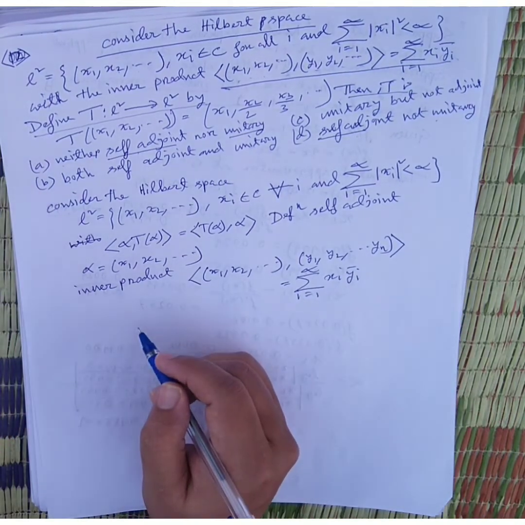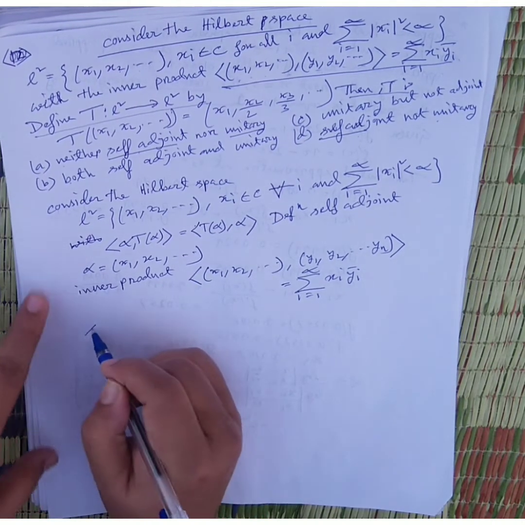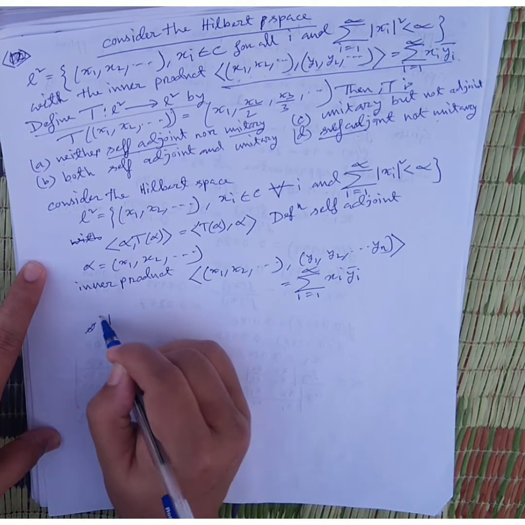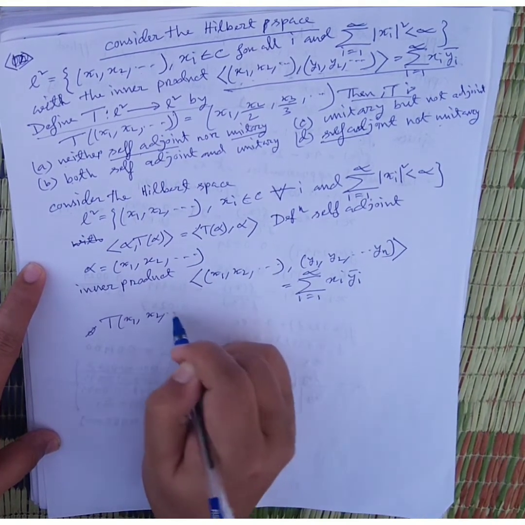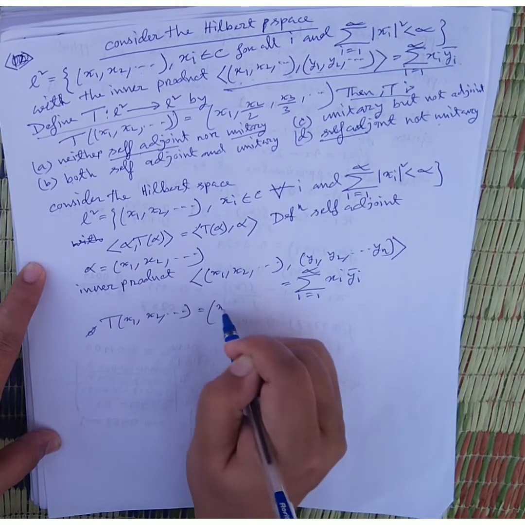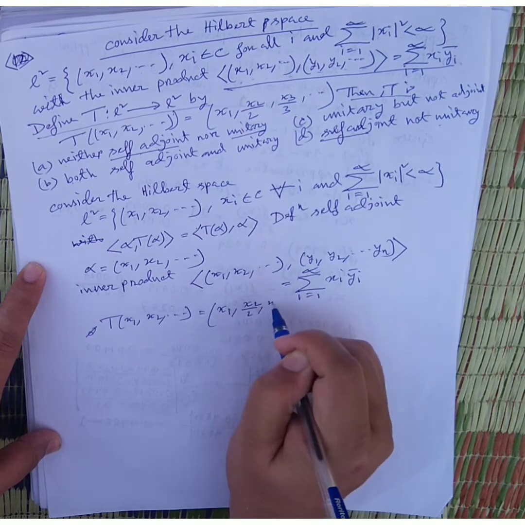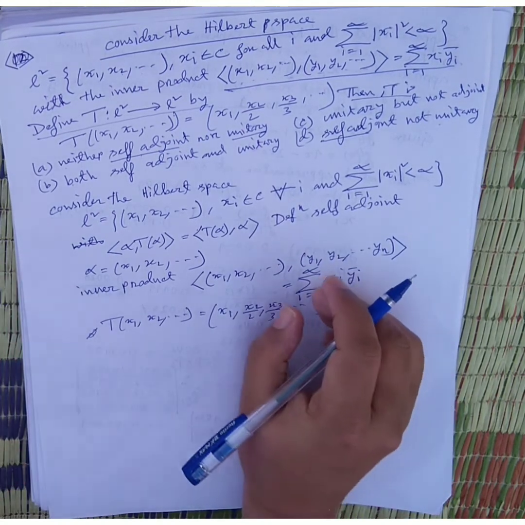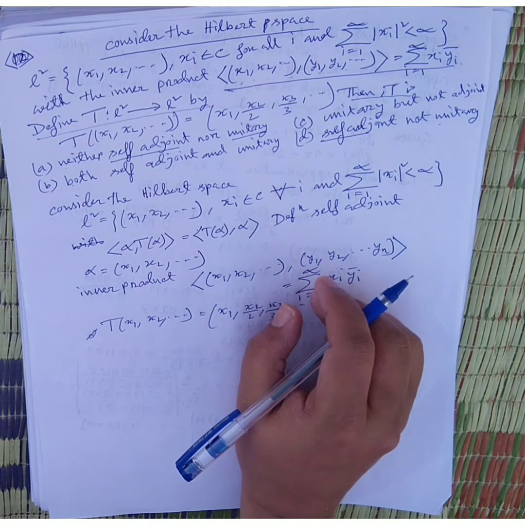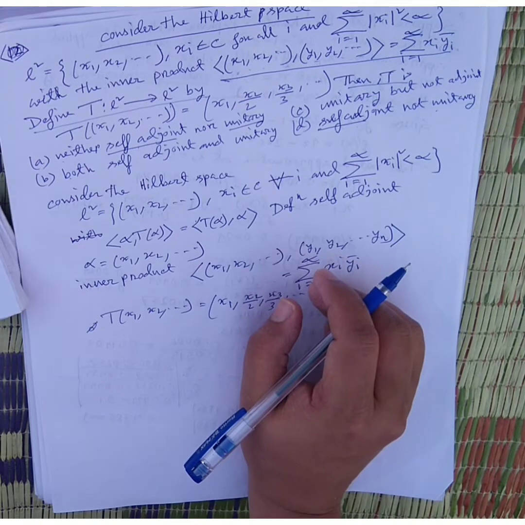Now I have to check. Whatever is given for T, the problem is very easy. T(x1, x2, ...) is equal to (x1, x2/2, x3/3, ...). So I have to check this formula.